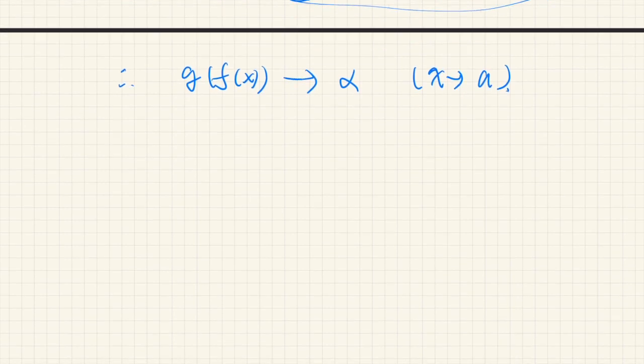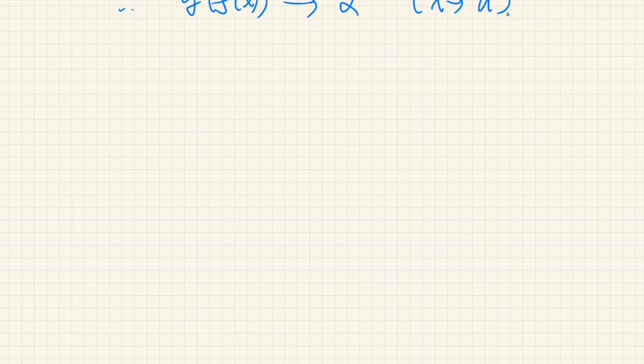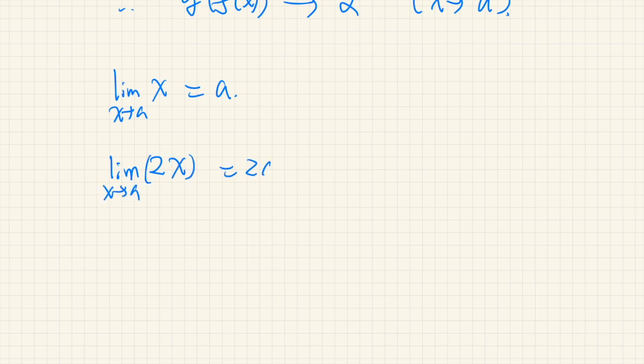Okay, so let's see a few concrete examples. First of all, the limit of x as x goes to a is a, of course. This is a tautology, obvious. Now, from the linearity of the limit process, the limit of 2x as x goes to a is, of course, 2a, because of the linearity of the limiting operation.